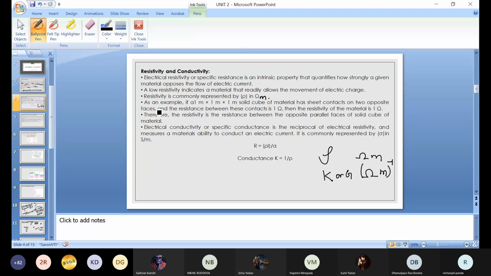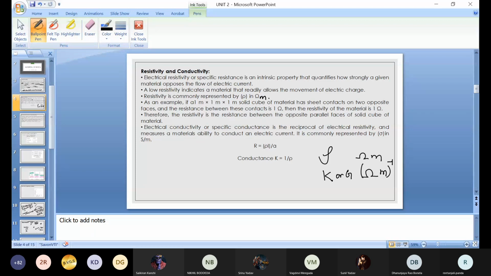For example, consider a material in the form of a cube of 1 unit length, here 1 meter by 1 meter by 1 meter. The resistance of the material is measured across two opposite faces.